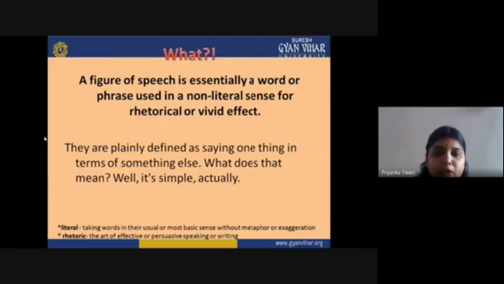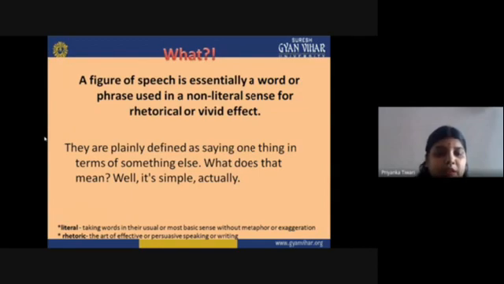So what does that mean? It is simple actually. We are explaining and comparing our sentences in different ways.